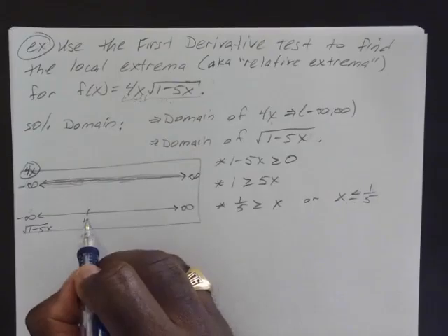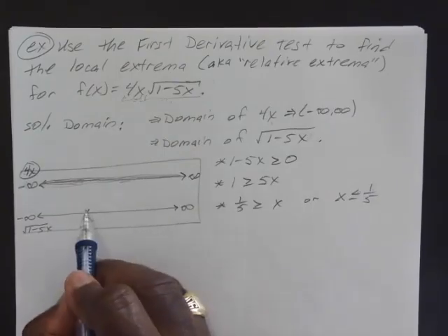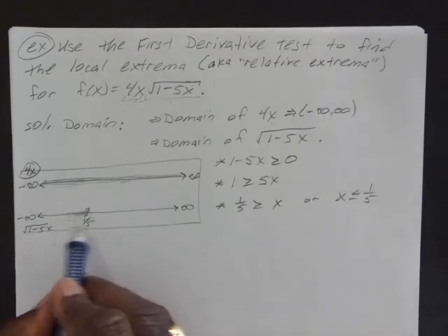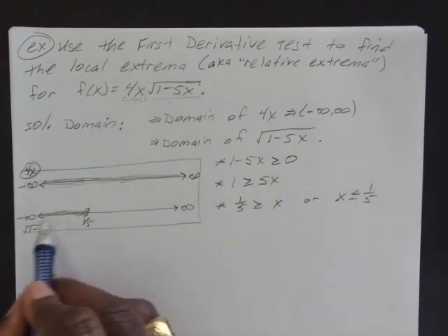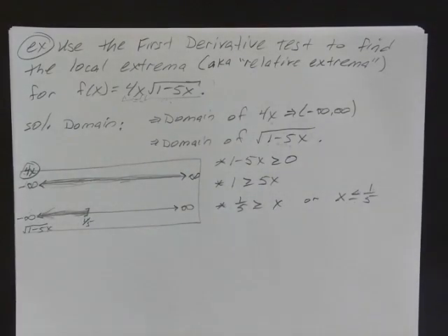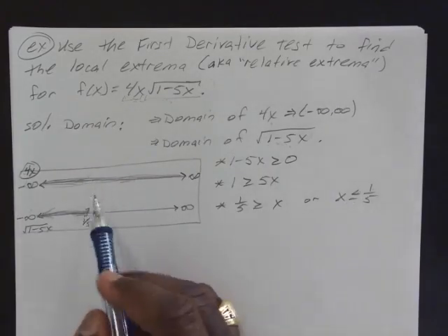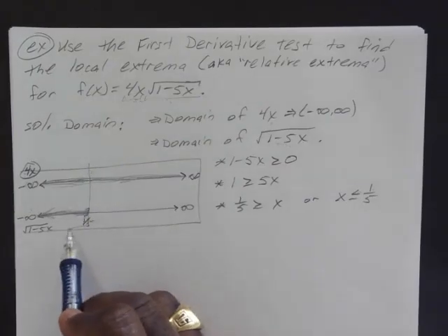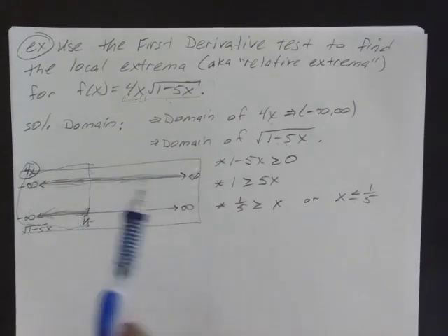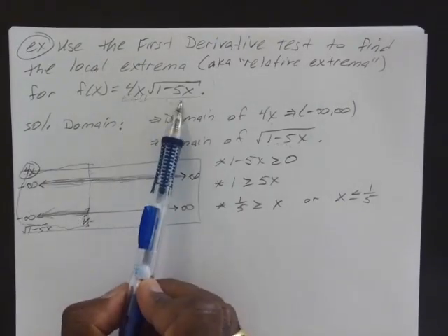So let's say this is 1/5 right here, which means everything less than that would make this a real valued function. Okay. Which means the only domain that works for both of these would be this domain right here. Because anything to the right works for 4x, but it doesn't work for this one.